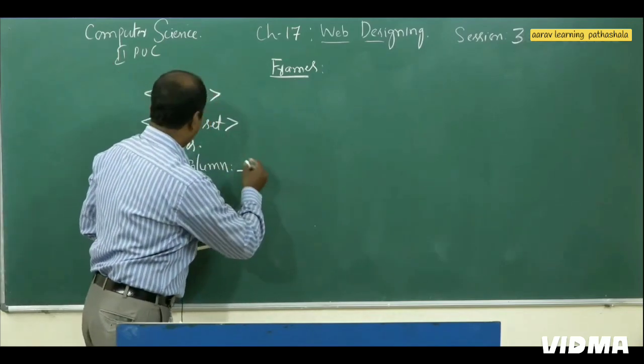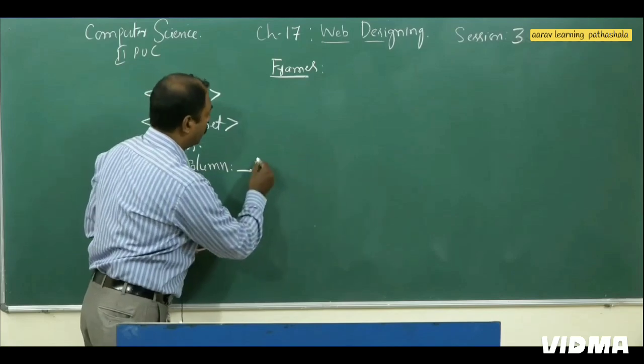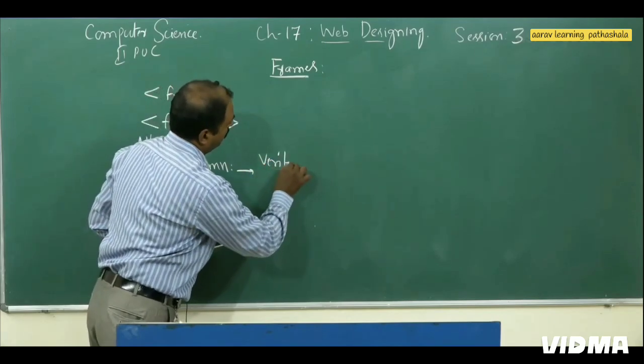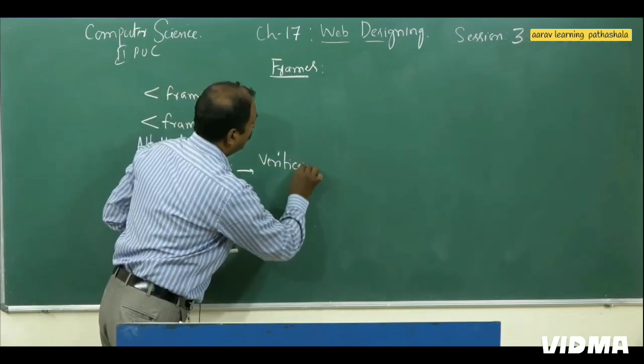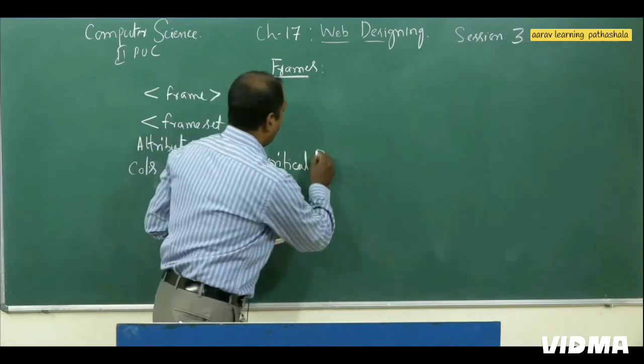Suppose we say columns, it divides the web browser window into vertical frames.